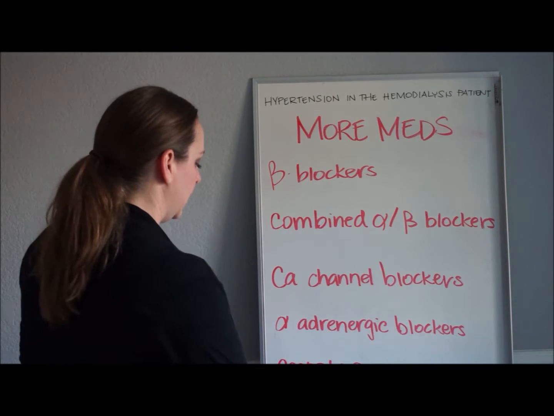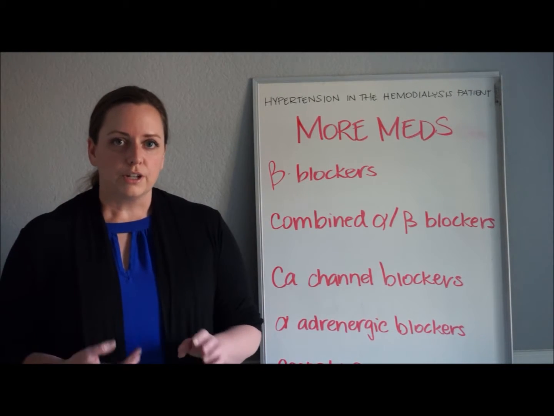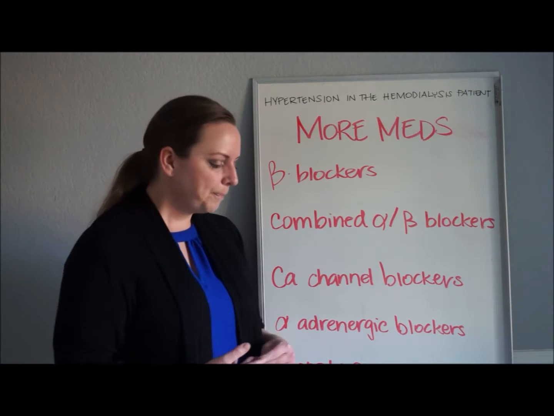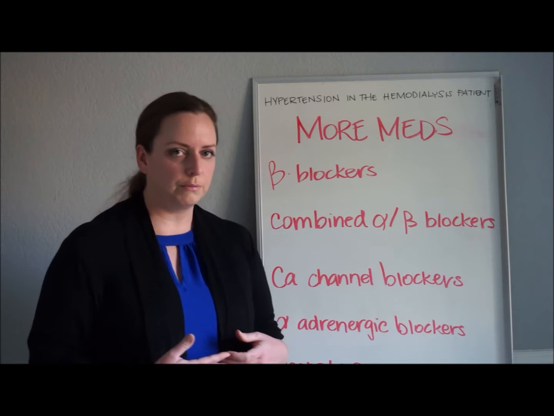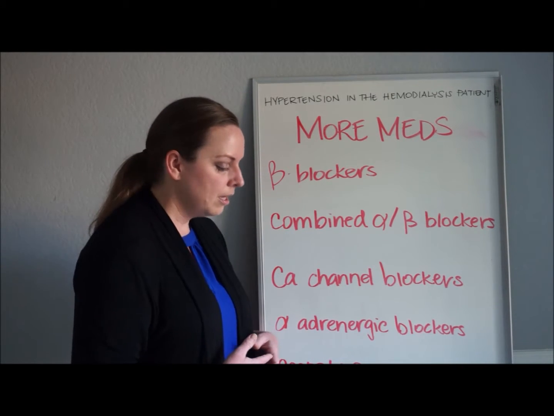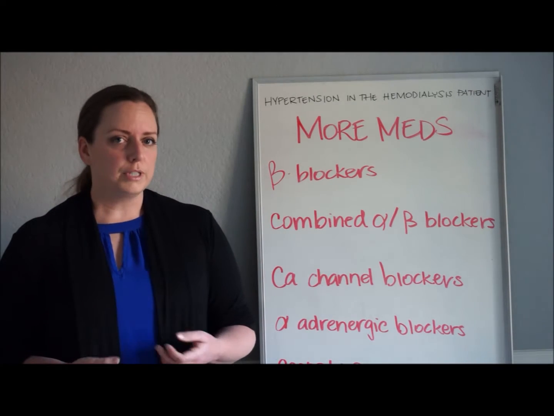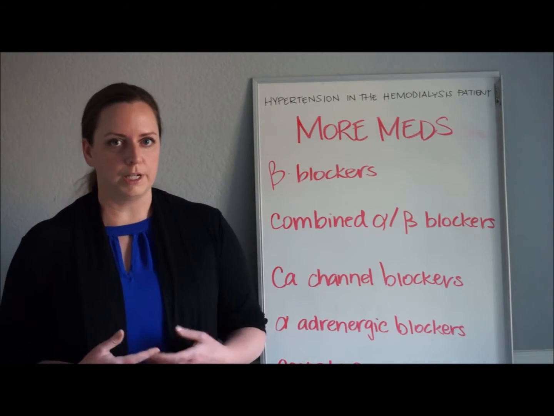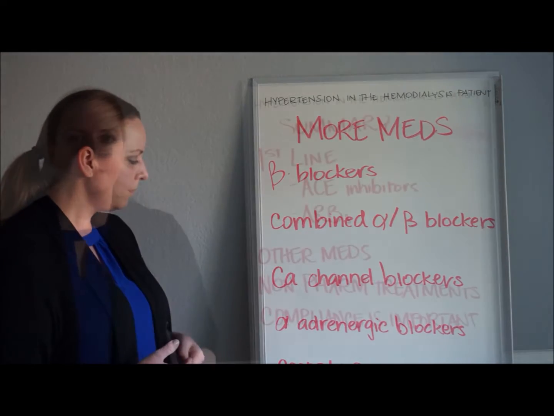The other class of medications are vasodilators. Some examples of these are hydralazine and isosorbide. These are reserved, again, for those patients with resistant or refractory hypertension. These require more frequent dosing, so it's a little bit more difficult to maintain compliance in those patients that are already having difficulty maintaining their blood pressure.